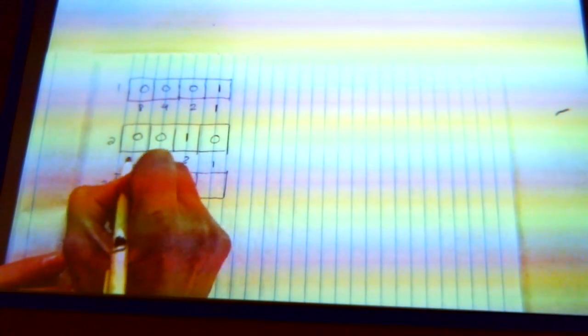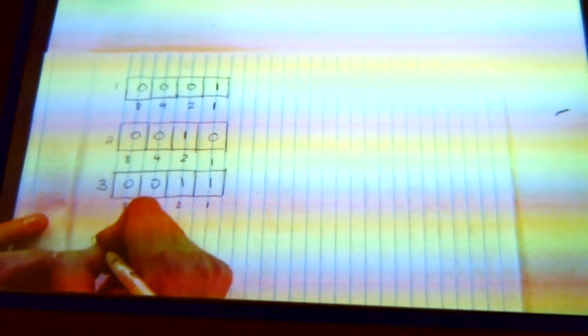Based on the value of each one of our positions, we would represent 3 by setting the bit of 1 and setting the bit of 2, because if those 2 bits are set, you add them together: the 2 and the 1, you get 3.